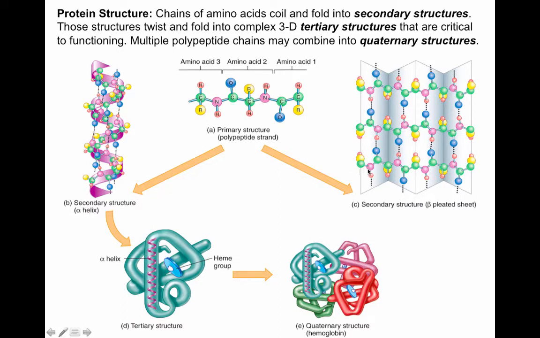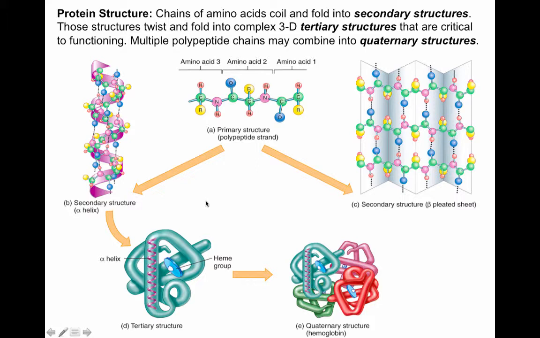Another thing that can happen is that adjacent parts of the amino acid chain can interact with each other and cause this folding back and forth, and that's called a pleated sheet, like a pleated skirt, these folds that are coming in regular arrangements. Both of those are said to be secondary structures of proteins.